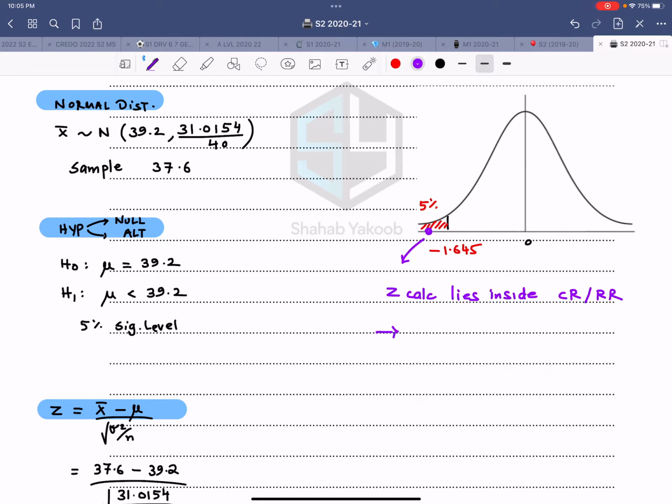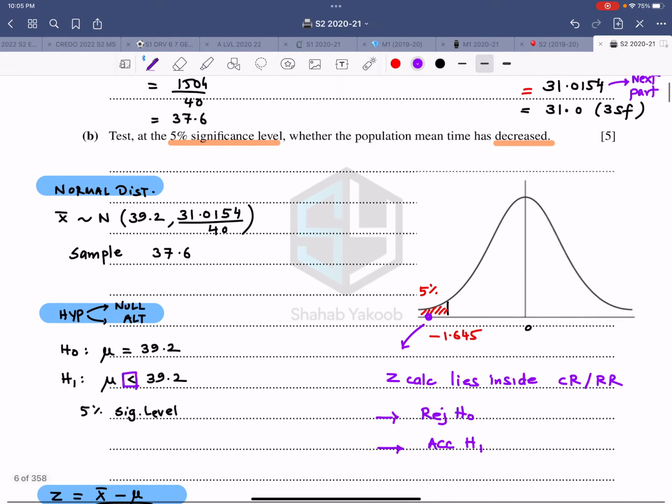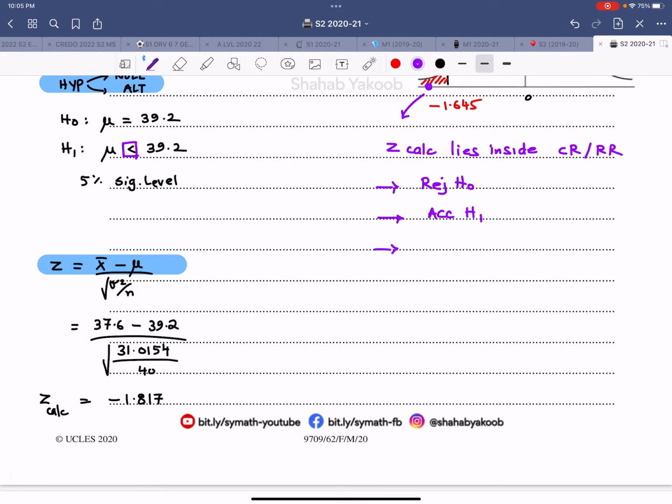What is the conclusion? Reject H0. Further, you can write accept H1. What is H1? That the mean has decreased. Whether the population mean has decreased, yes, you would say there is sufficient evidence to suggest that the mean journey time has decreased.